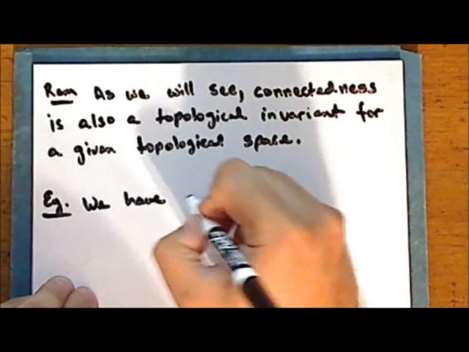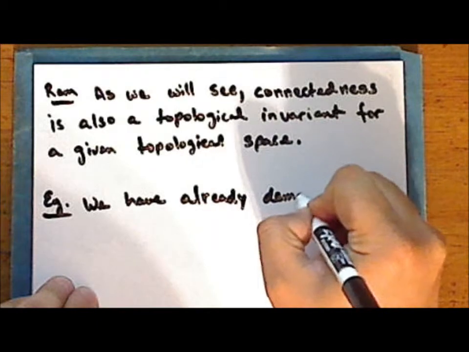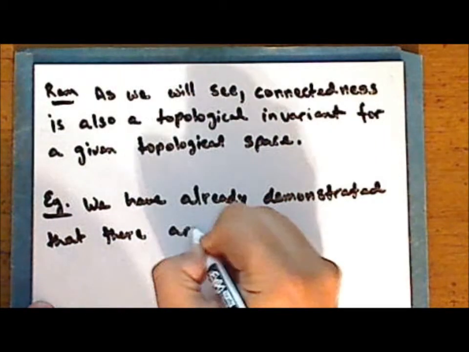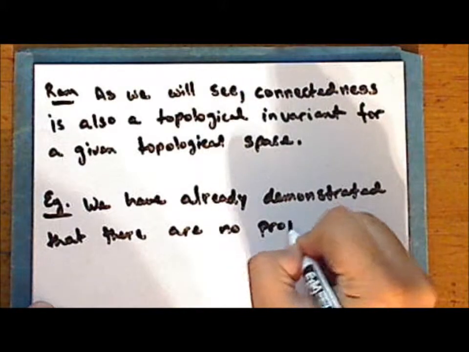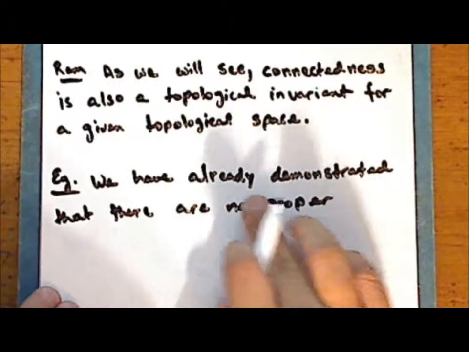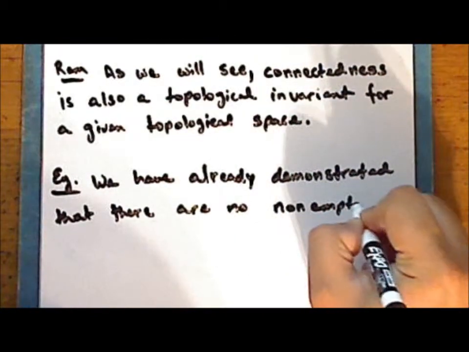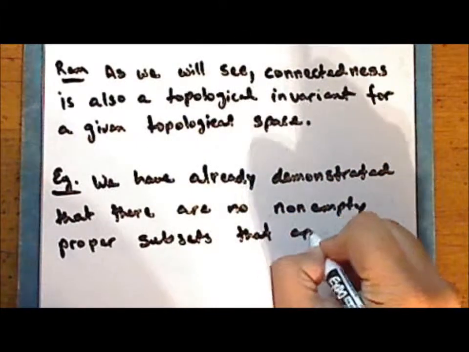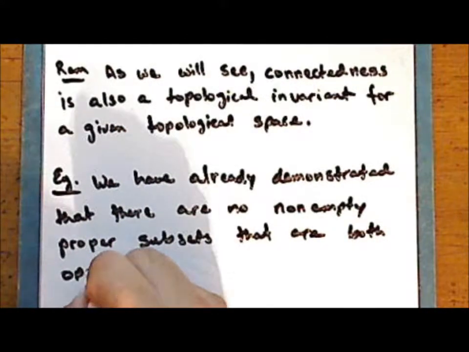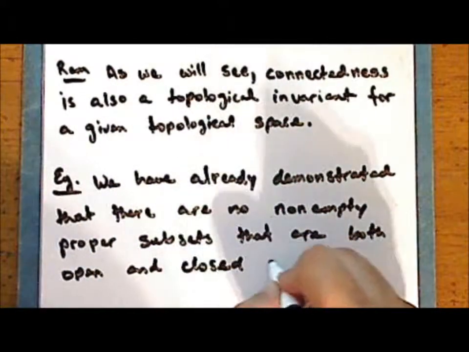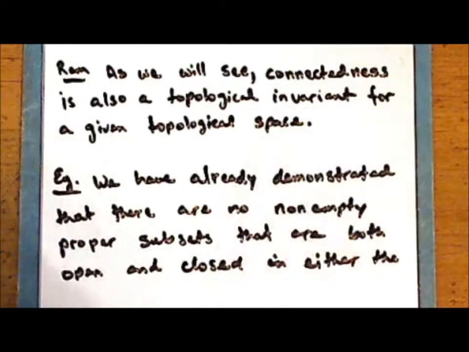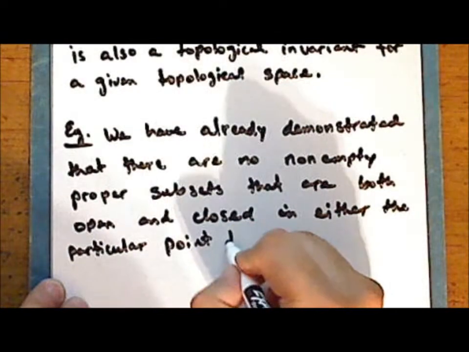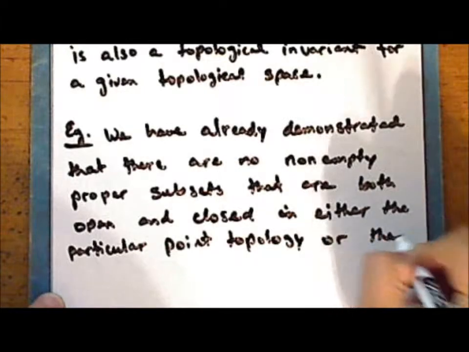We have already demonstrated that there are no non-empty proper subsets that are both open and closed in either the particular point topology or the excluded point topology.